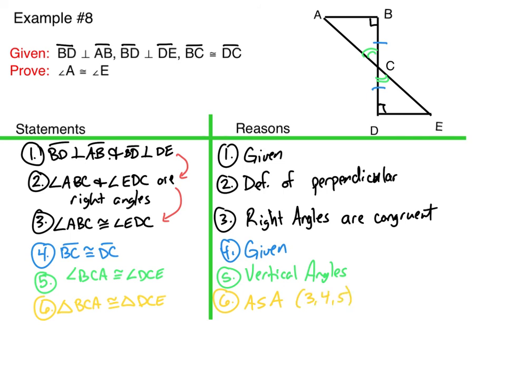So make sure you're telling us where they came from, because you might have done this in a different order, and that's okay. And then based on that, step 7, I can say that angle A is congruent to angle E, because if I have congruent triangles, then corresponding parts of congruent triangles are congruent. There you have it.